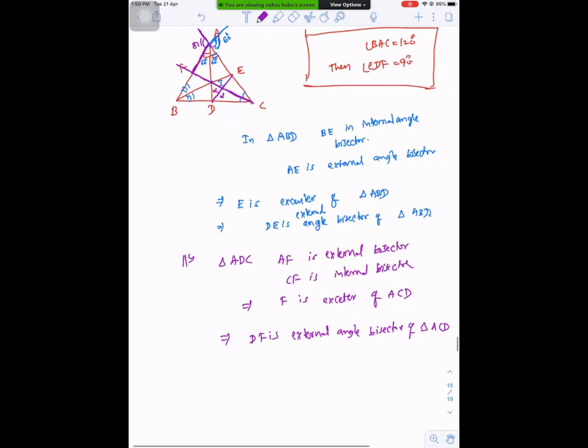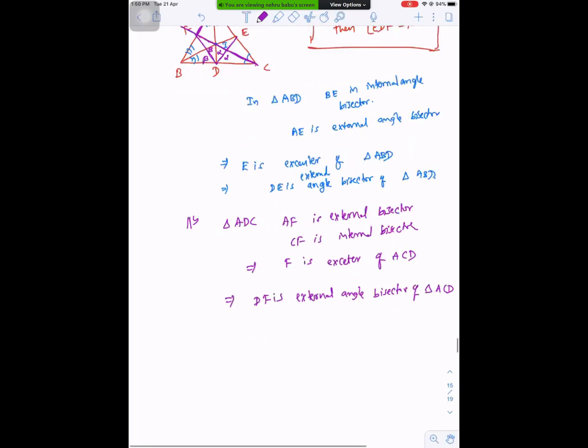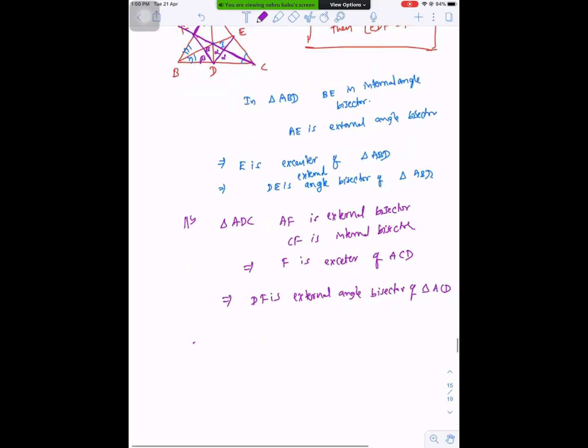So if you join DF, as it is the external angle bisector, these are beta beta angles. Now from the diagram you can say 2 alpha plus 2 beta equals 180 degrees, so alpha plus beta equals 90 degrees.